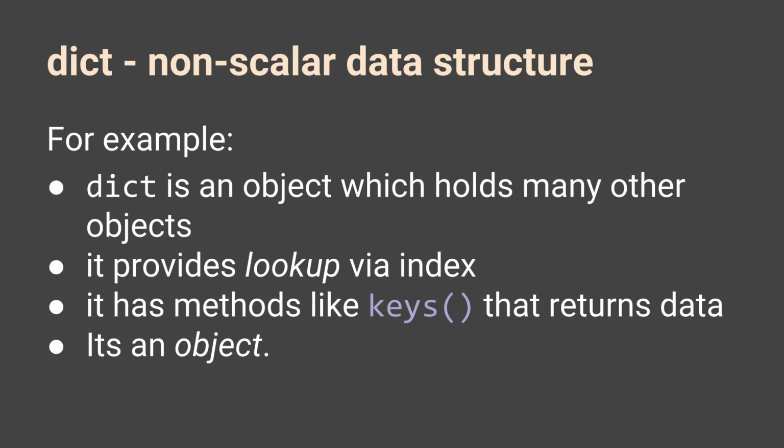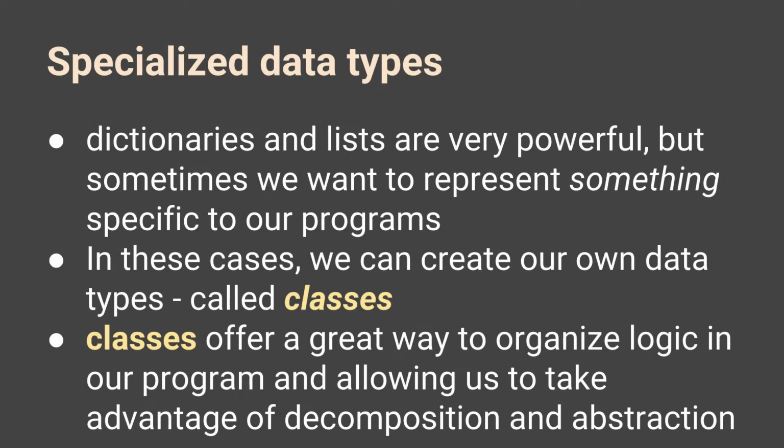And again, this is just carrying on from what I was just saying, the dictionary, the non-scalar data structure. Not only does it provide efficient lookup, it also has additional methods, such as the keys method that returns all the keys associated with that particular data structure. So again, methods, functionality, and also structure underneath the hood in these individual objects.